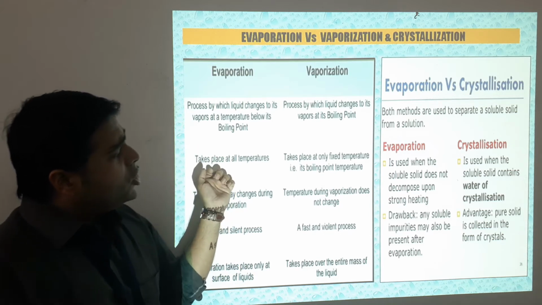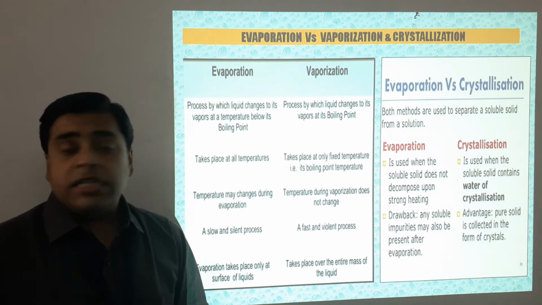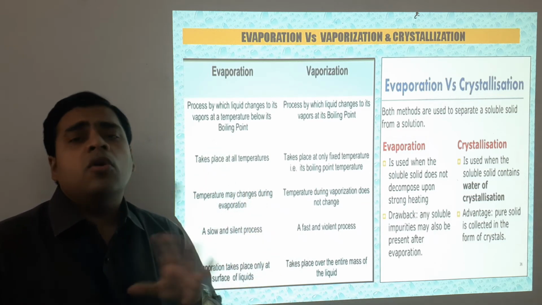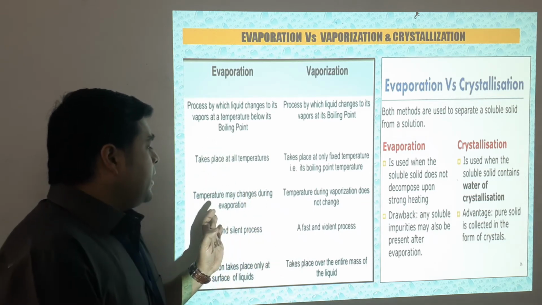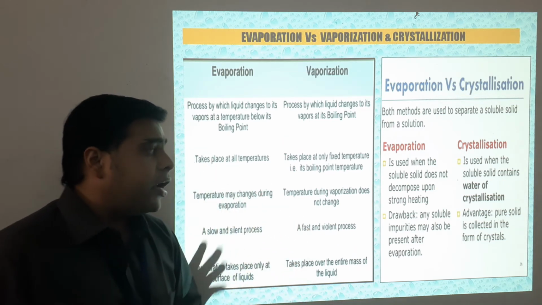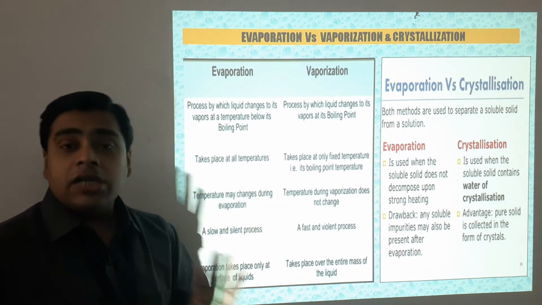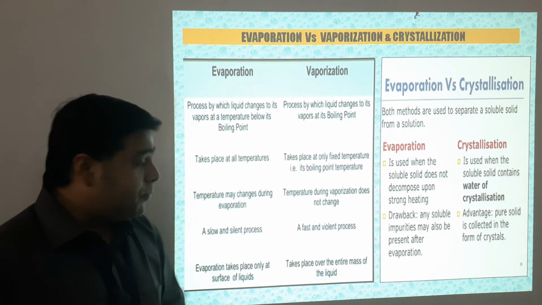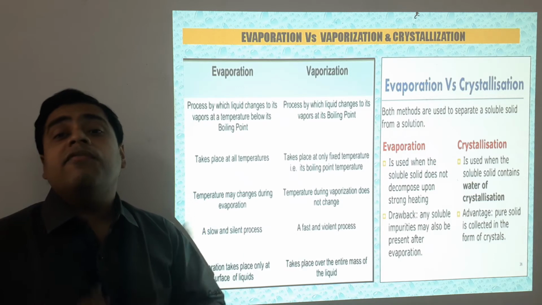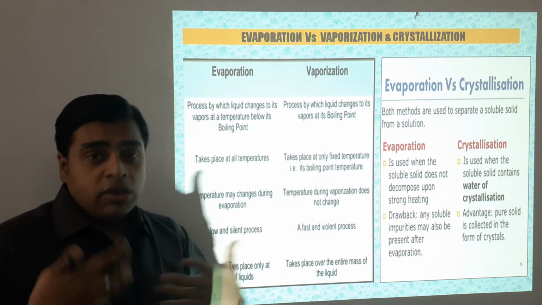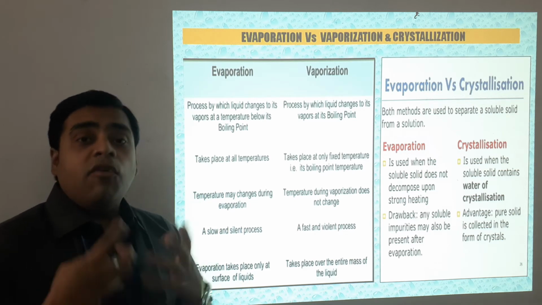Now, evaporation takes place at all temperatures, whereas vaporization takes place only at the boiling temperature, that is almost a fixed temperature. Temperature may change during evaporation. Temperature during vaporization does not change. Evaporation is a slow and very silent process, whereas vaporization is a violent and fast process, because we can see the constant heating and the formation of vapor.